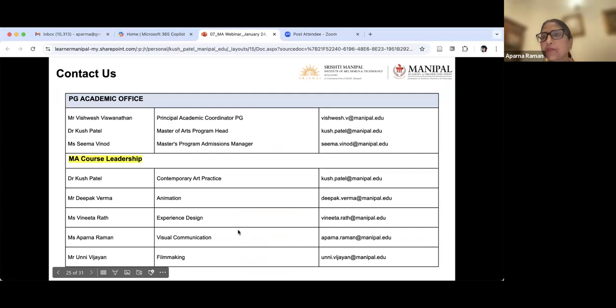So, as Kumkum mentioned, it is a place that I personally enjoy working in because it's such a great opportunity for bringing together research-led inquiry as well as creative practice. There are also opportunities for working on projects.